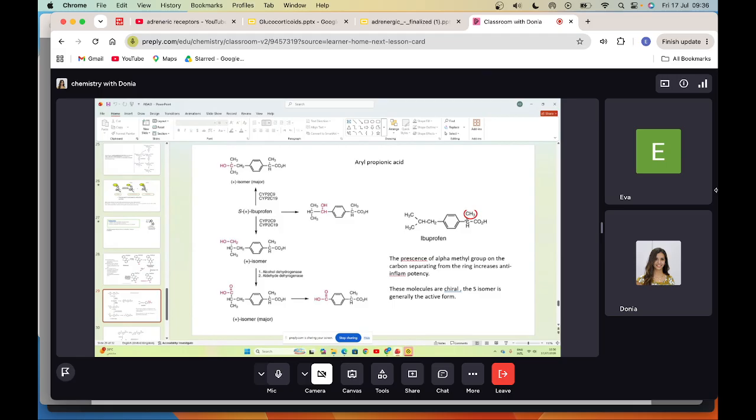So this carbon would be a chiral center, and therefore we would have S and R, and we said that the S is the more active form. Is it clear? Having this methyl group on the one carbon spacer actually increases the anti-inflammatory activity.